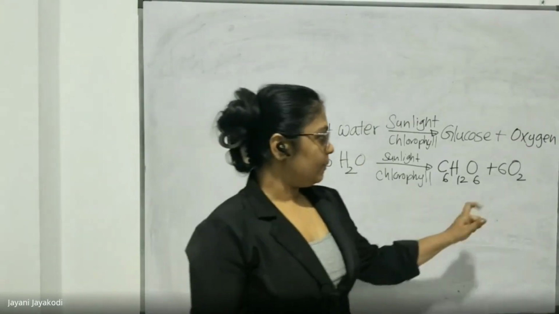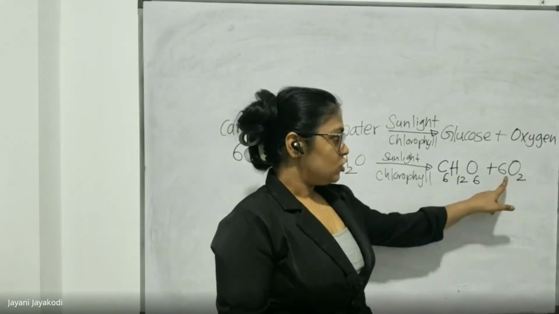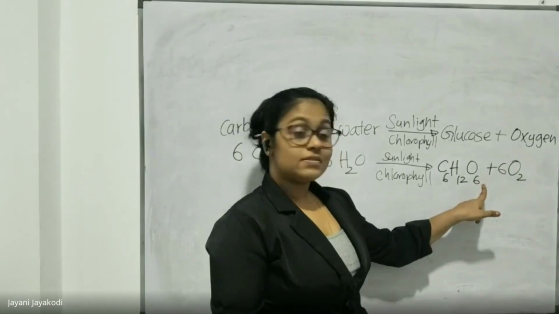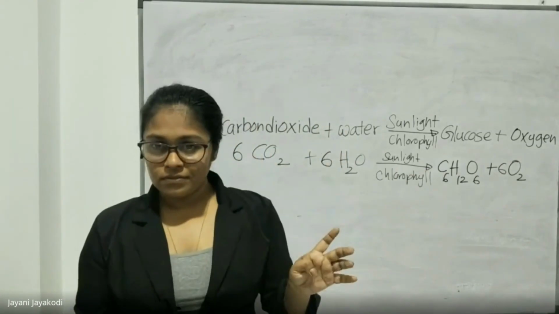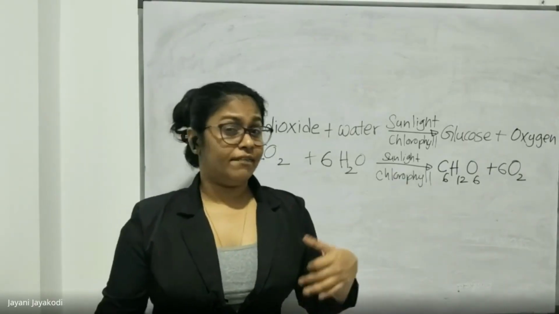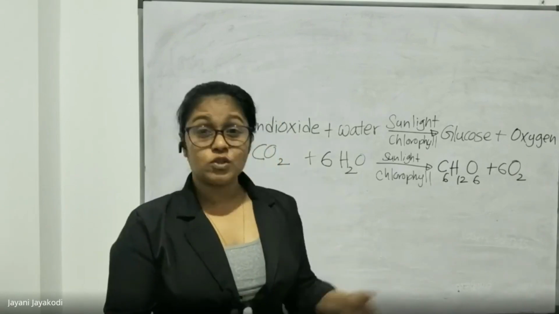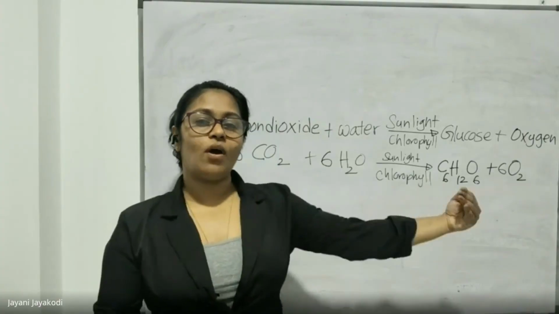Now here, 6 multiplied by 2, 12, 12 plus 6, 18. We balanced carbon, hydrogen, and oxygen. Are there any further elements to balance? No, right? Then the overall equation is balanced.